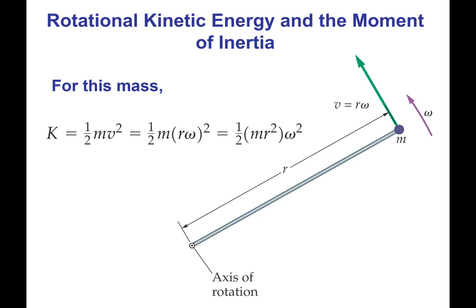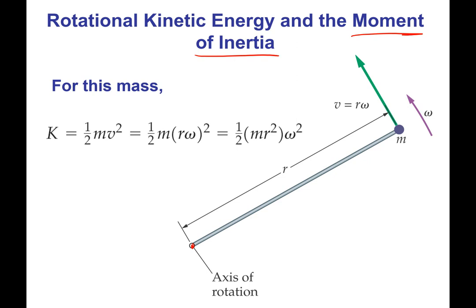And so for the moment of inertia in rotation, you have to take the different sizes into consideration. For this mass and its axis of rotation, we have pretty much a rod with a mass at the end, and you have to think about all the different energies.